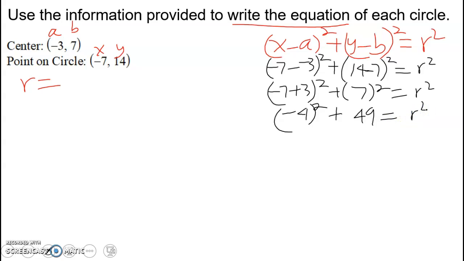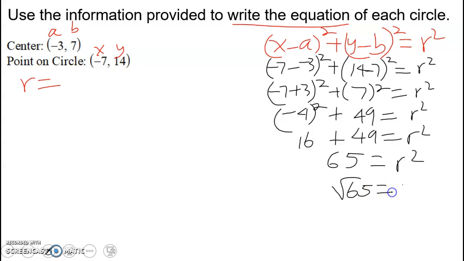So 4 squared is 16 plus 49 equals r squared. 16 plus 49 is 65. So the square root of 65 is going to be r. Is there any perfect square that goes into it? 5 times what? None of them is a perfect square.